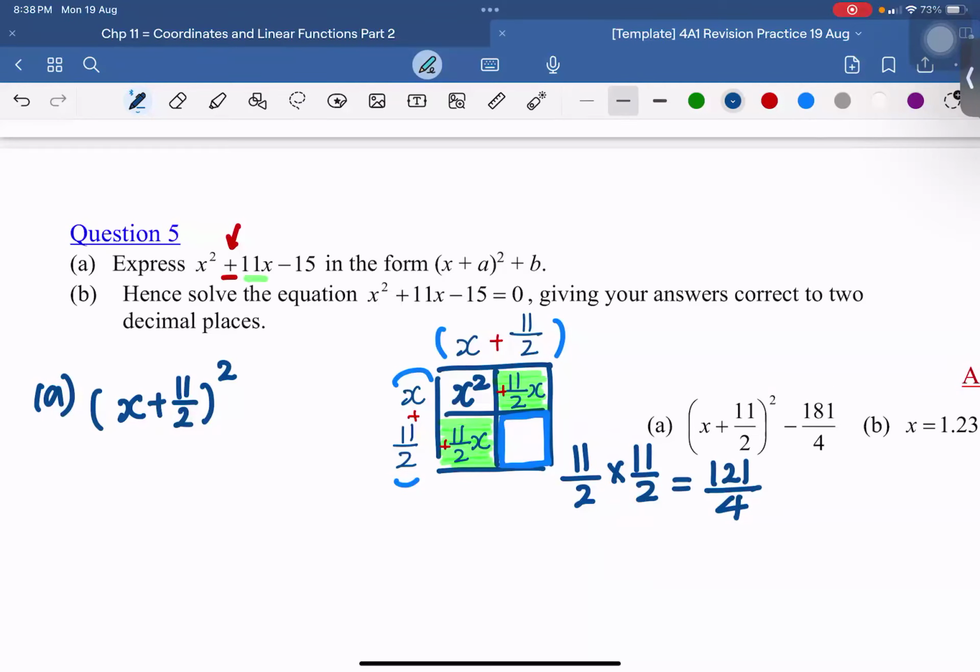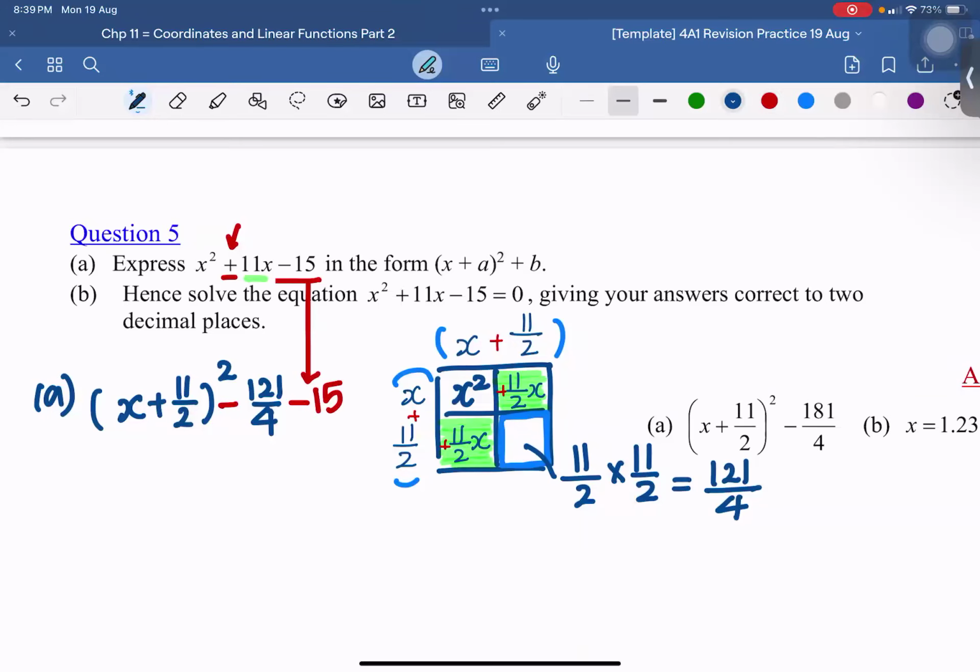So this is inside now in my completed square, but my original question doesn't have this number, so I need to subtract away 121 over 4. So this sign over here is definitely always going to be subtraction. Then I check. My original question has minus 15. Include it, bring it down.